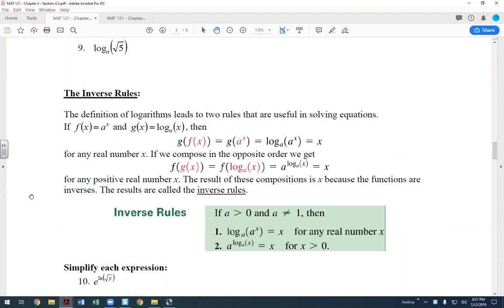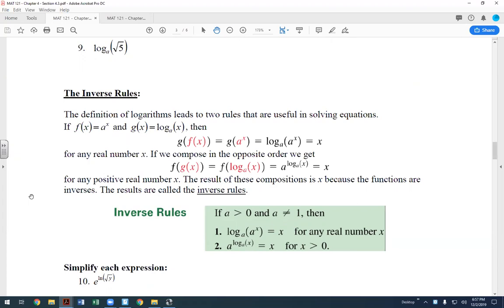Anytime you take a composition between two inverse functions, you always end up getting x as your answer. And you can look at, I think these were the rules. This is how we had mentioned it. So if I take a composition between g of f or f of g, we always end up getting x as the answer. So this is actually true for exponential and logarithmic functions also.